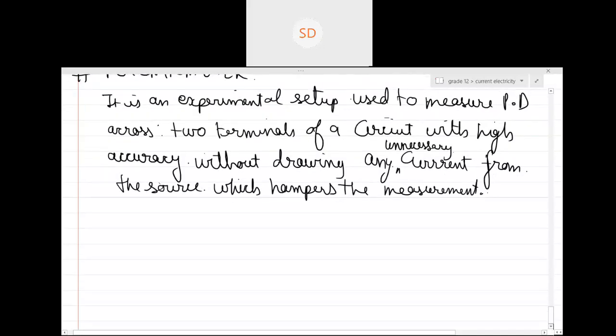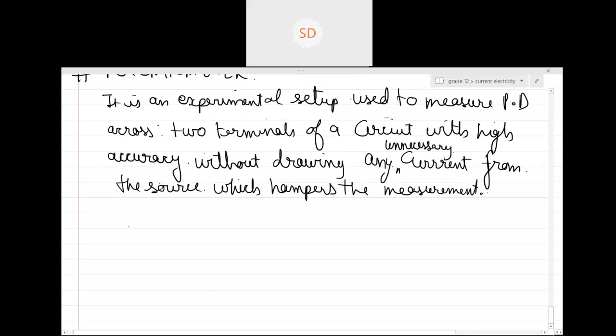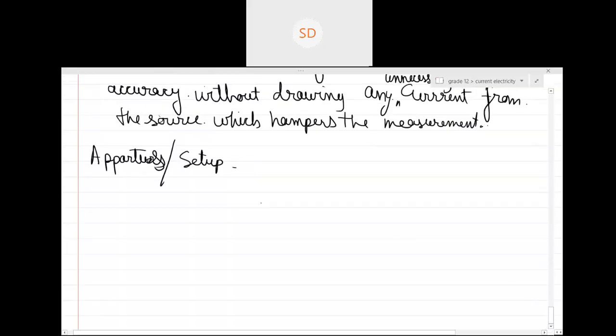So, first of all, let's see the setup. What exactly is the setup? Let me just draw it. सबसे पहले let's see the apparatus or the setup. Please remember, a potentiometer has two different circuits involved.